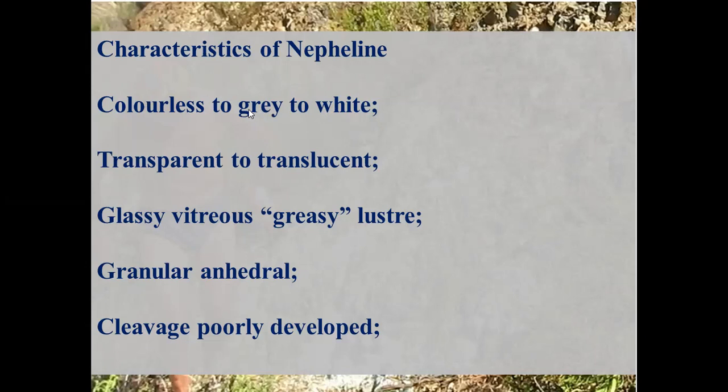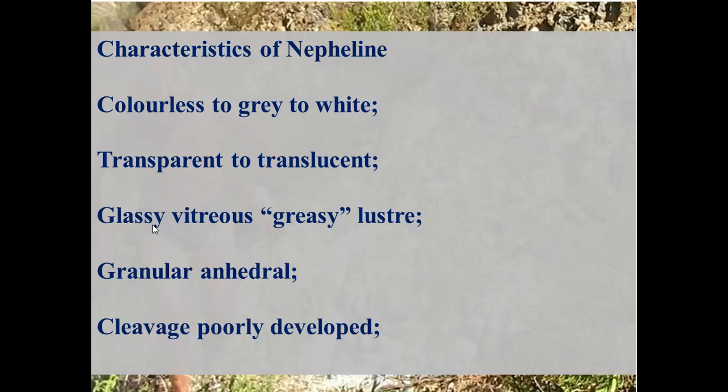The colorless to gray material is the most prevalent. It is transparent, but it can veer towards somewhat translucent, in which case it looks rather like plagioclase, only you don't have those lovely plagioclase euhedral crystal laths.